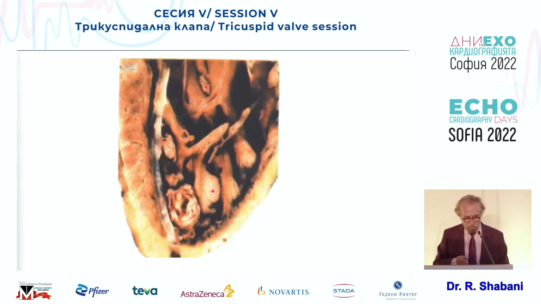Сега, конкретно по нашата тема, колеги, трябва да знаете, че когато има девайс, електрод, водач в дясната камера, независимо къде е разположен, винаги се образува фиброза около него. Тази фиброза на ехографията образува един маншон, един блестящ маншон. Него трябва много добре да го знаете и да не го объркате с други структури.